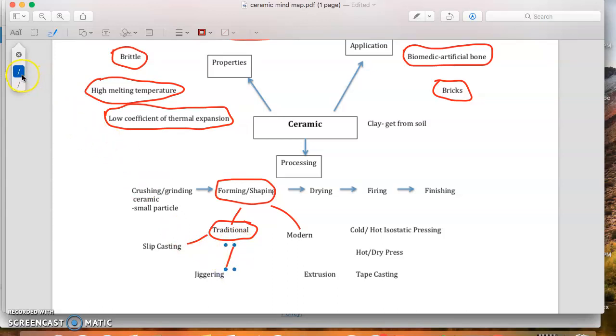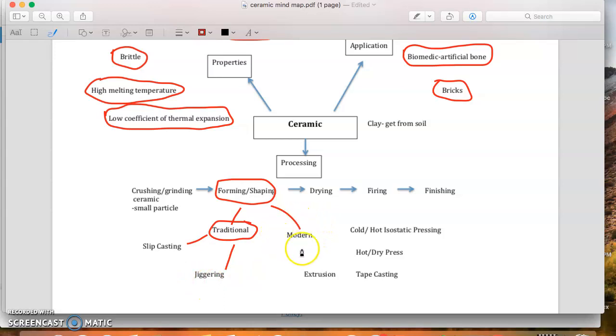Okay. Slip casting is usually used to produce vases, and jiggering is usually used to produce products that have a symmetrical shape.